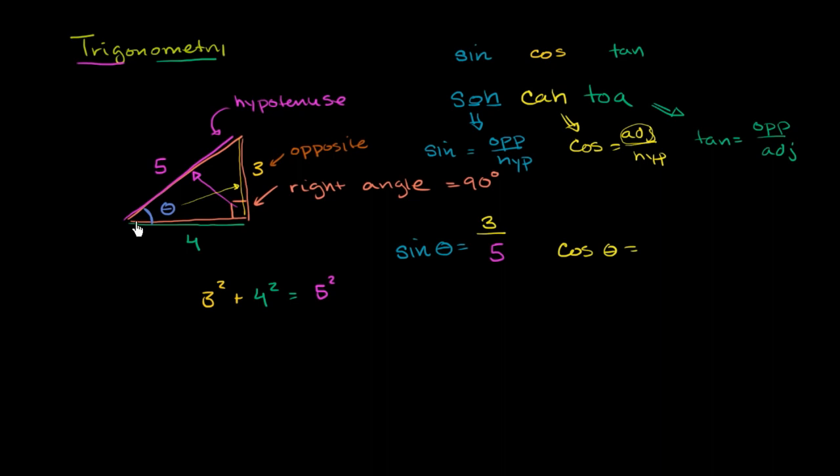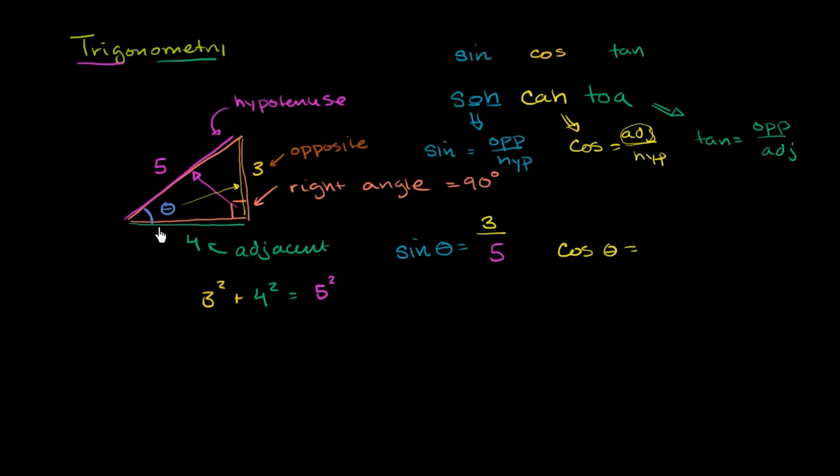It's one of the sides that form the vertex here. So this right here is an adjacent side. I want to be very clear, this only applies to this angle. If we were talking about that angle, then this green side would be opposite and this yellow side would be adjacent. But we're just focusing on this angle right over here.